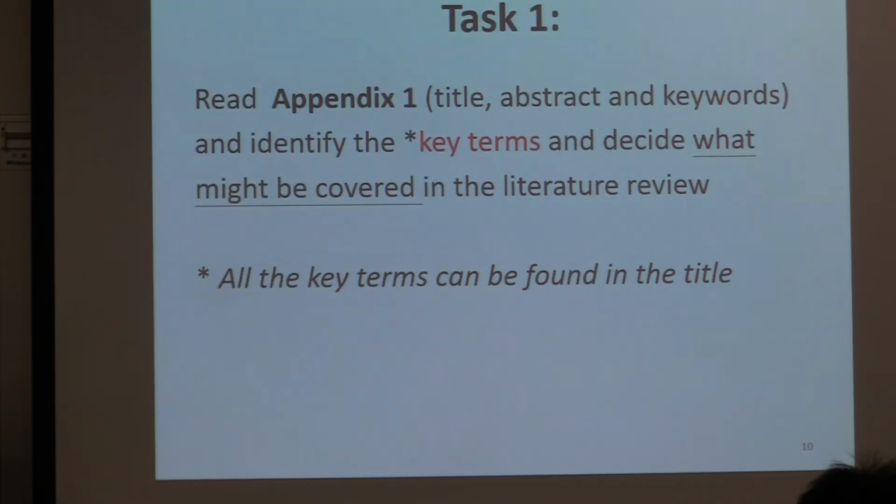Now task 1. Okay, now it's time for you to work. Read Appendix 1. Only read the title, abstract, and keywords, and identify the key terms and decide what might be covered in this review. It's a bit difficult, but I must say, I give you some help: all the key terms can be found in the title.